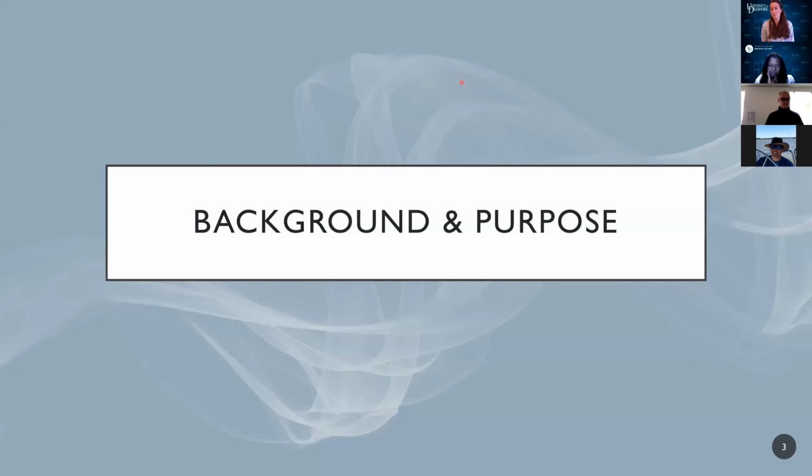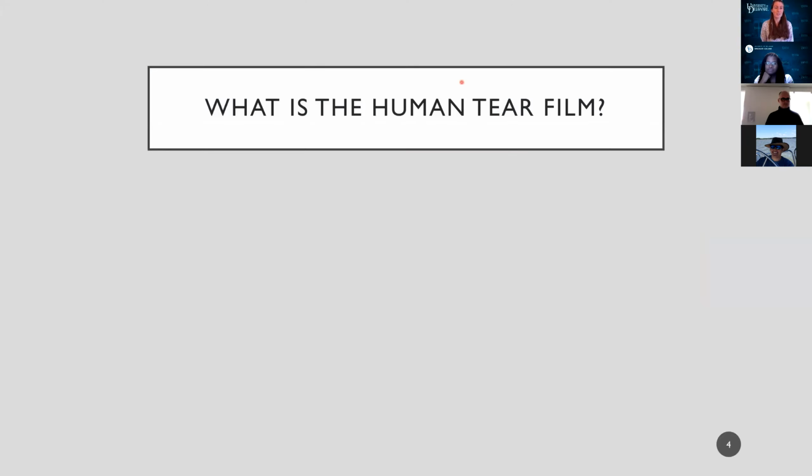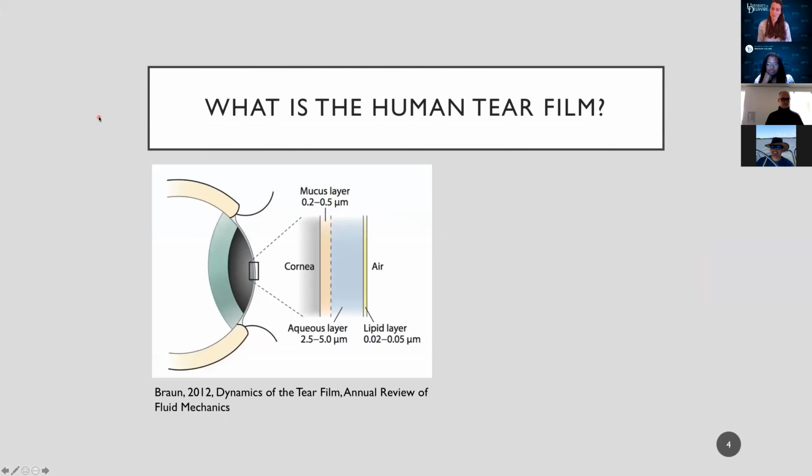So I'm going to jump in with some background. First is, what is the human tear film? So the tear film is a 3-layered film. The 3 layers are shown here. So this is your eye. It's a really thin layer right on top of your eye. The largest layer is the aqueous layer made up of mostly water.